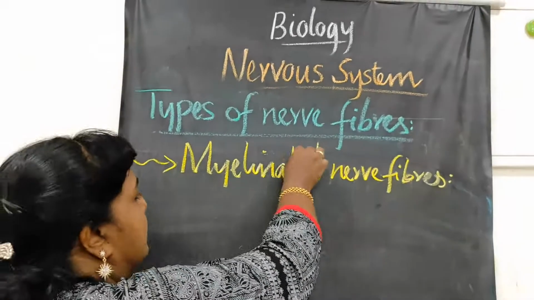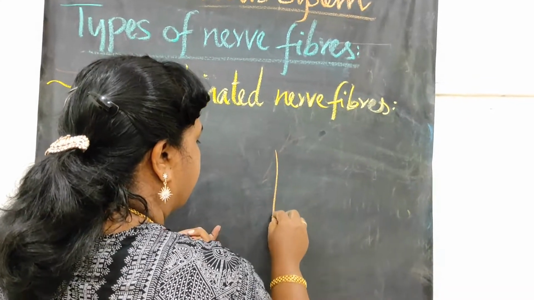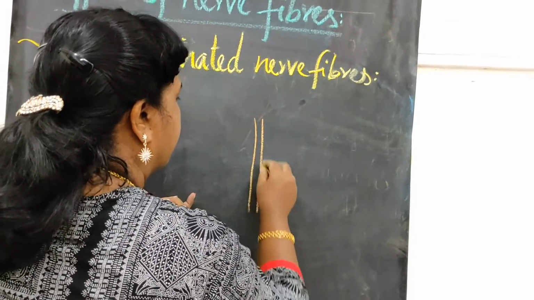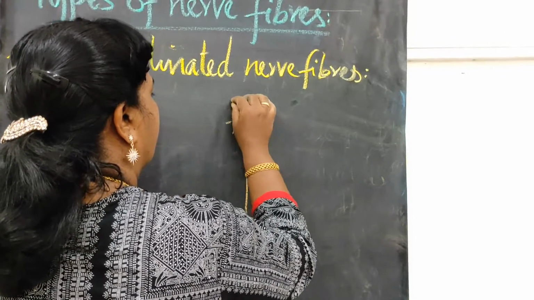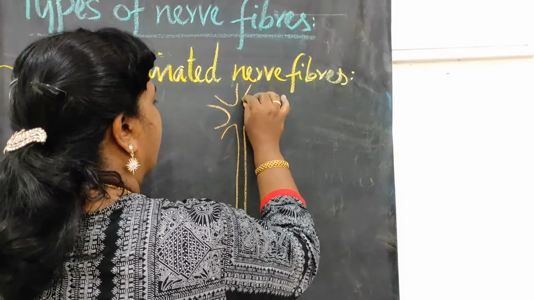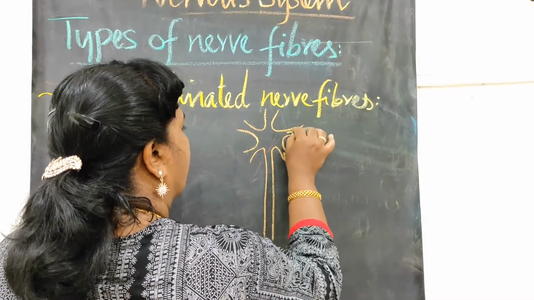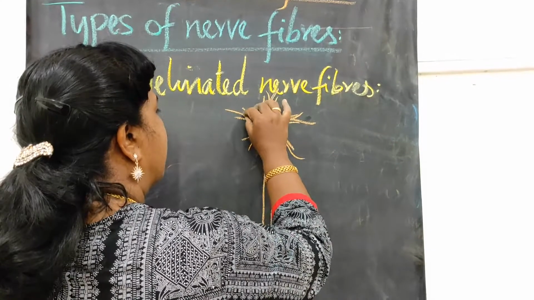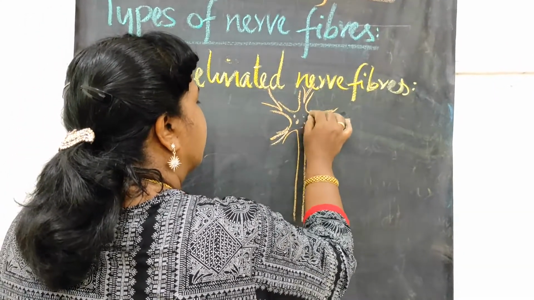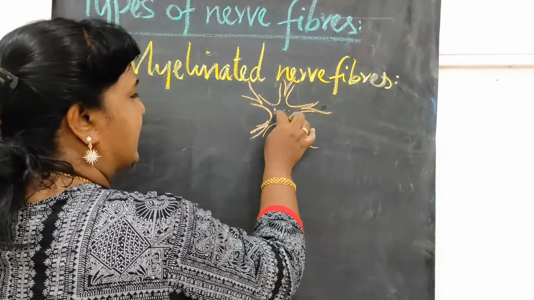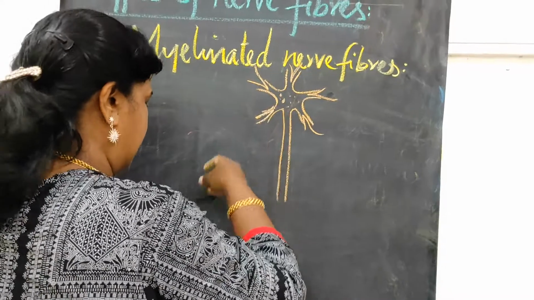So, see here. This is the neuron. There is cyton, then dendrites, and inside the cyton there is cytoplasm and also nucleus.